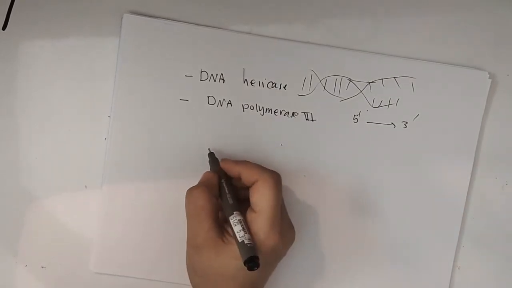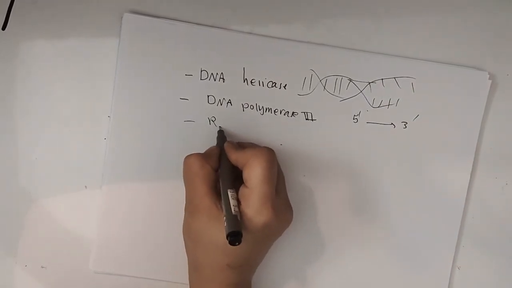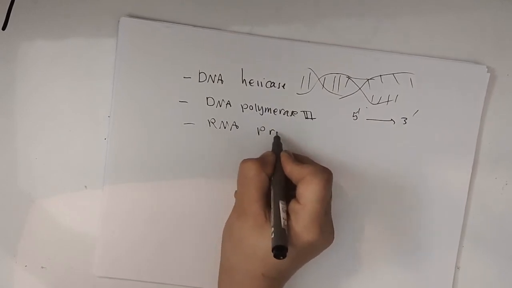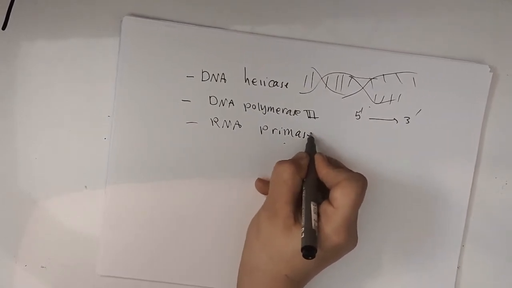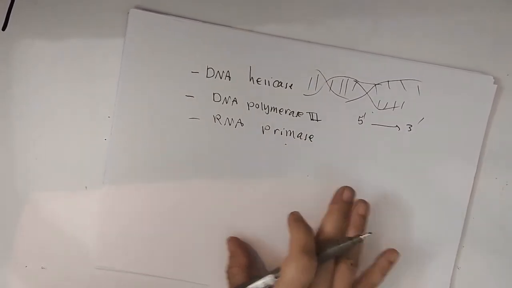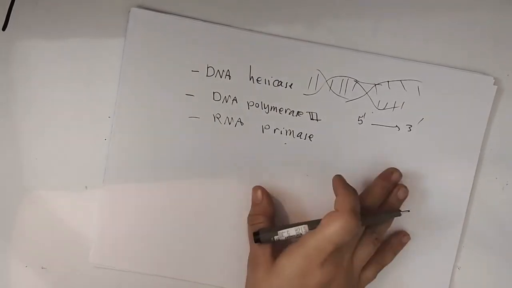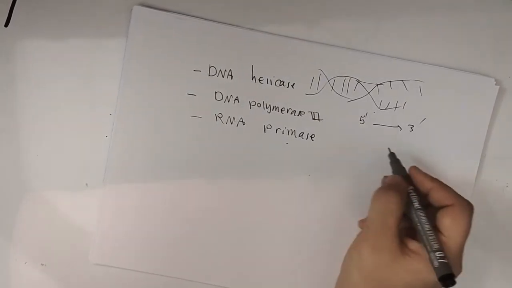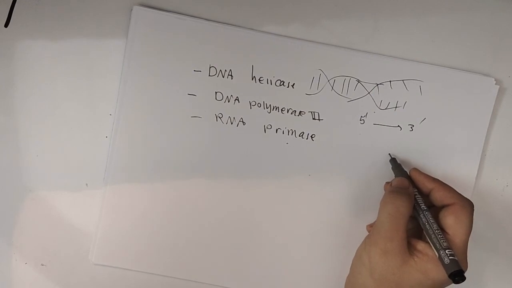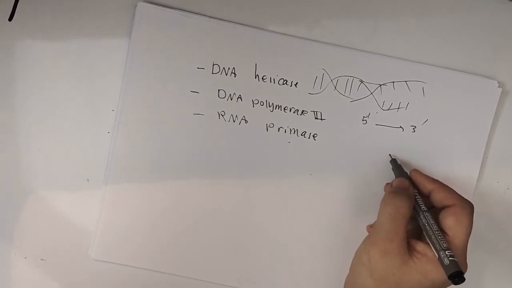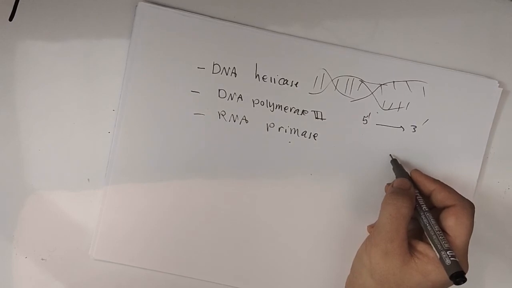And we have RNA primase. This RNA primase comes into the template, which is the lagging template, and works on it. It shows where the DNA polymerase should start on the lagging strand template.